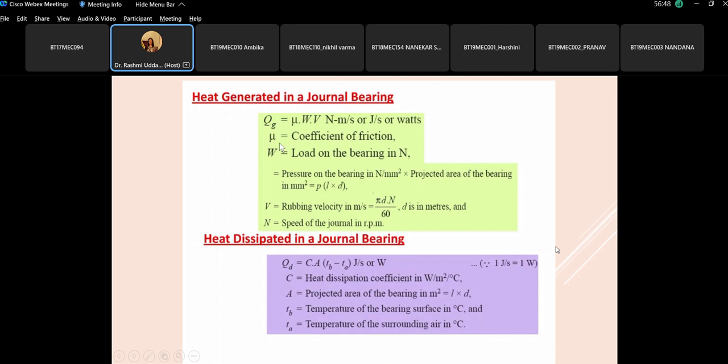So this is heat generated. Heat dissipated depends upon the heat dissipation coefficient, the projected area which is L by D, the temperature of the bearing surface and the temperature of the surrounding air. All these formulas and values are given in the design data book. Let us solve a numerical quickly. Keep your design data book with you.